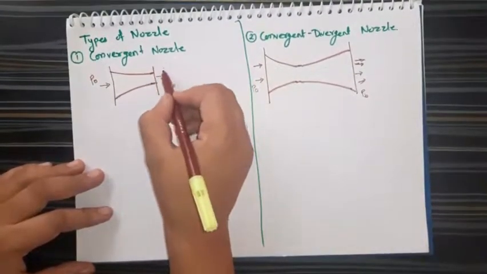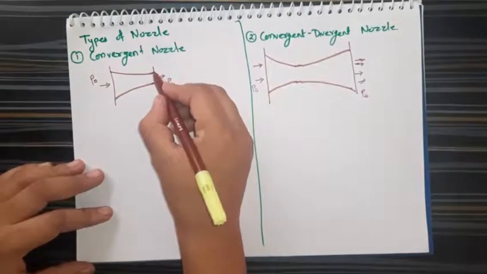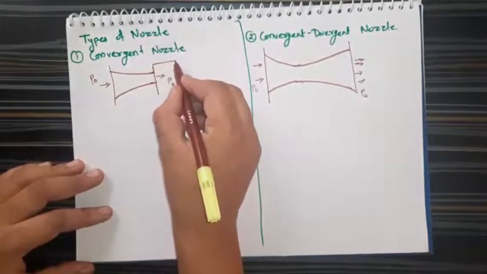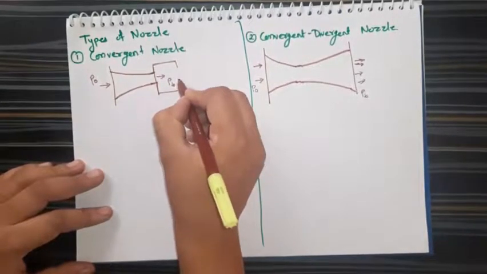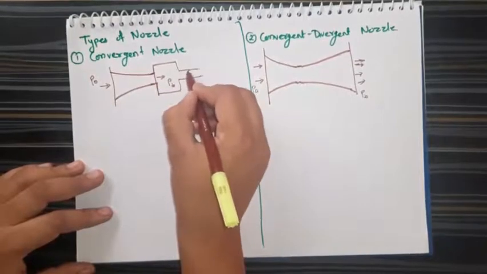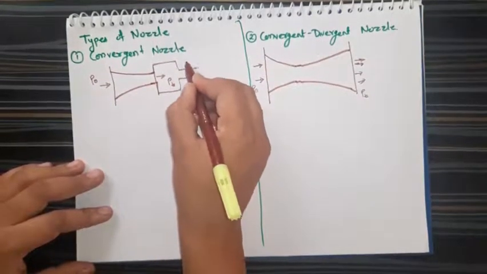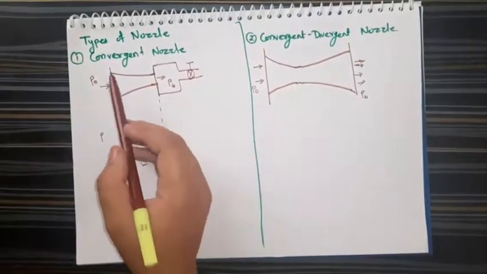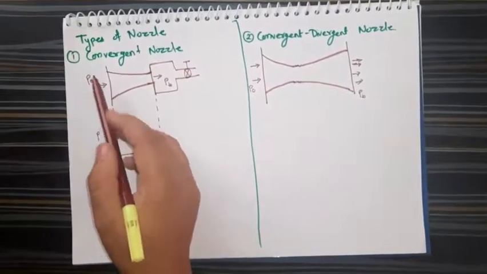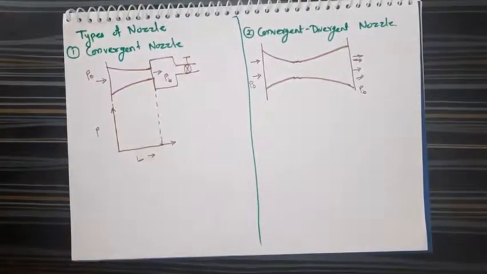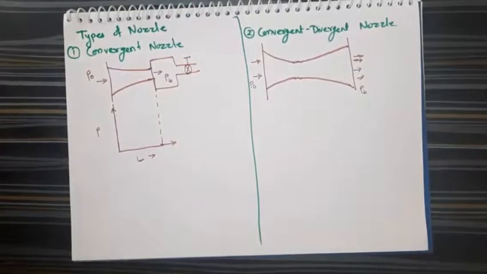This convergent nozzle is connected to a chamber, and after that chamber there is a wall. So initially the pressure is P0, that is the stagnation pressure, and the velocity is almost 0.